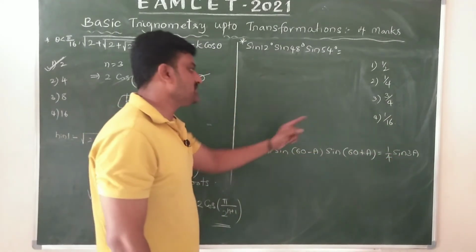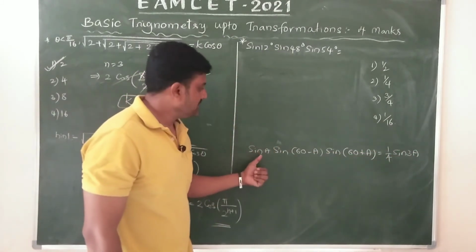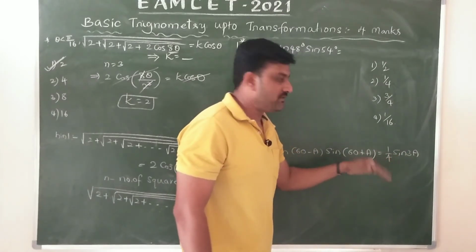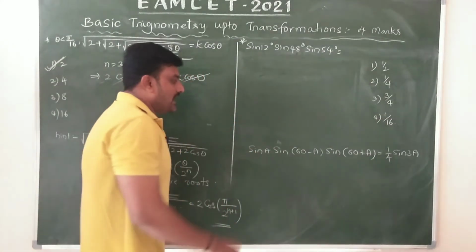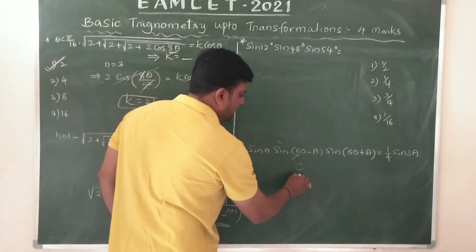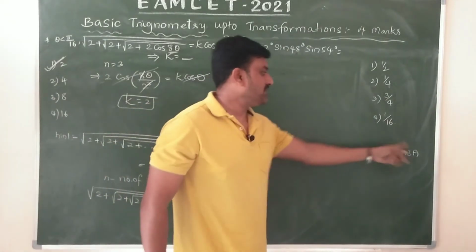For cos also same like this, 1 by 4 cos 3A. Suppose in the place of tan, there only tan 3A, because 1 by 4 gets cancelled, 1 by 4 sin 3A by 1 by 4 cos 3A gets cancelled. And also not only 60, for 120, 240, 300, the result is the same, 1 by 4 sin 3A.